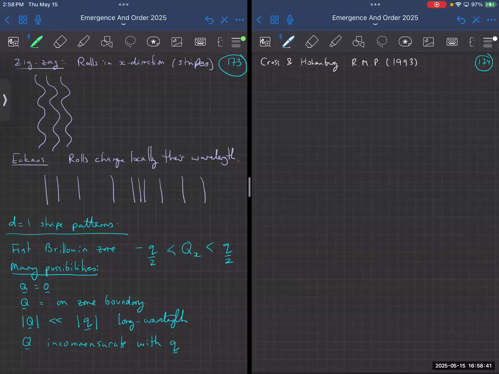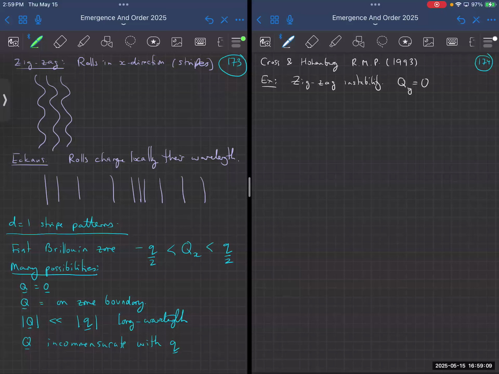Then let me finish this part by telling you what the Eckhaus instability looks like. I talked about zigzag first. If I want to know what gives you the zigzag instability, that is where qy is equal to 0.